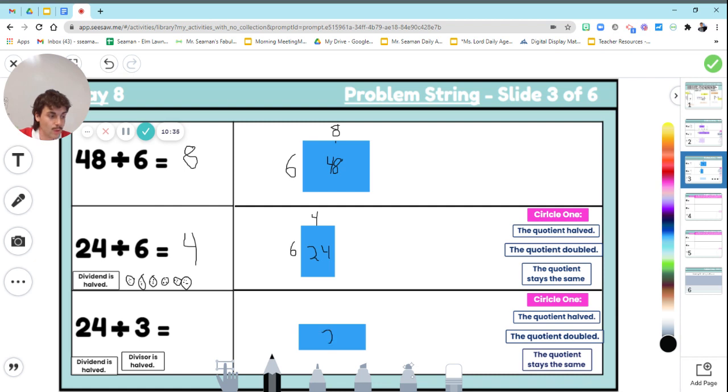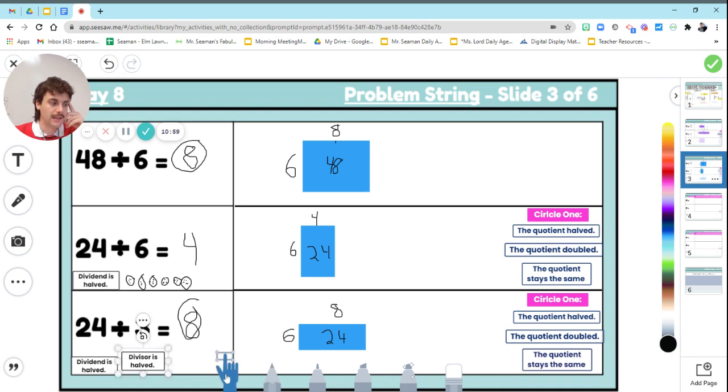So I'll do 24 units here. And then if I do 6 on this side, now I'm going to have to try to figure out, okay, 24 divided by 3. Well, I know 24 divided by 3 is 8. So what do you notice? From the first to the third.